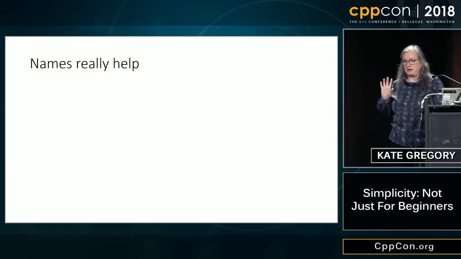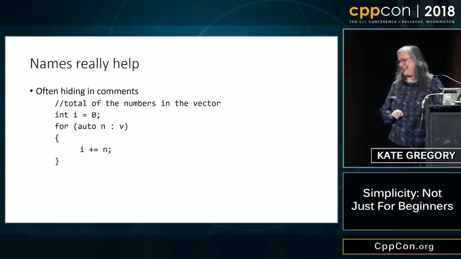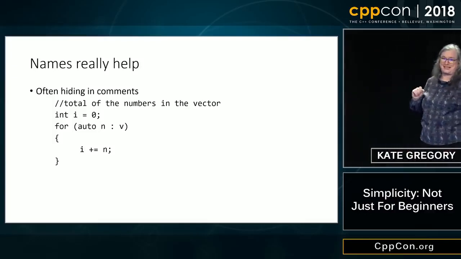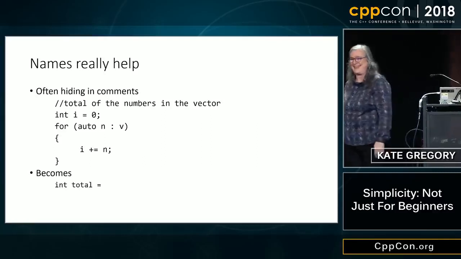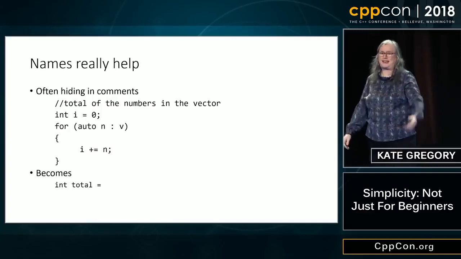One really entry-level behavior: names. And I find names in comments. Here's a comment. Here's some code. You're not beginners. They say a consultant is someone who will borrow your watch to tell you what time it is. Here's what the consultant does, right? You said right there, I'm going to make a total. Then you called it i.